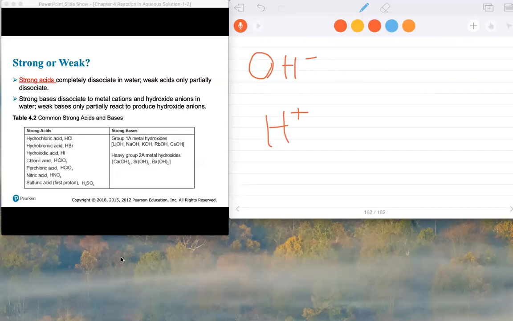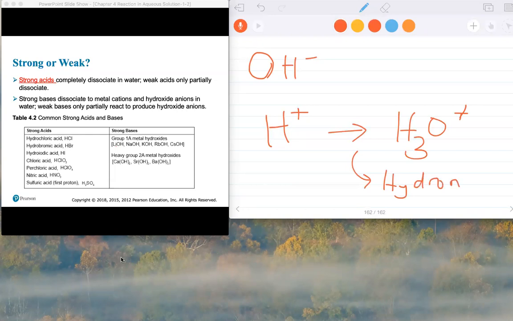When the hydrogen ion is produced, it doesn't stay alone in H2O. You may have seen this polyatomic ion called hydronium.